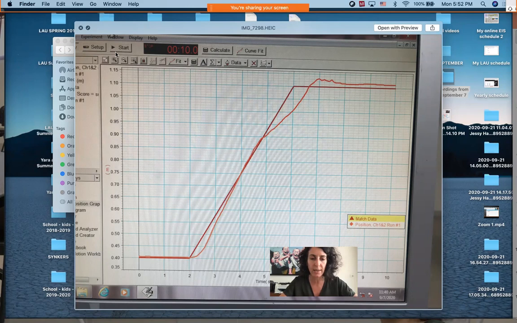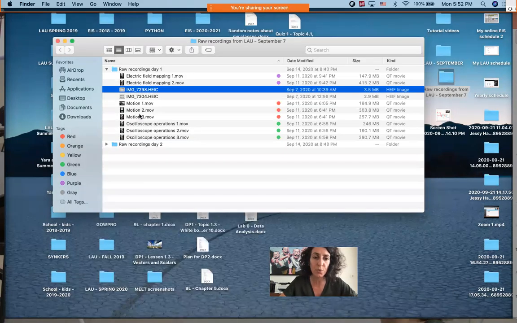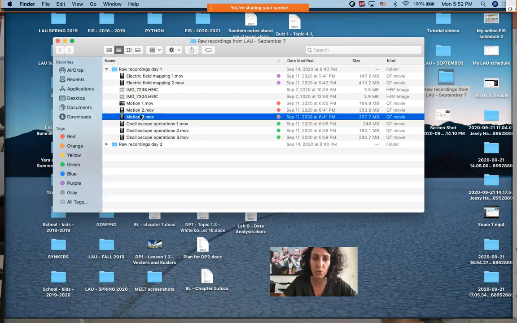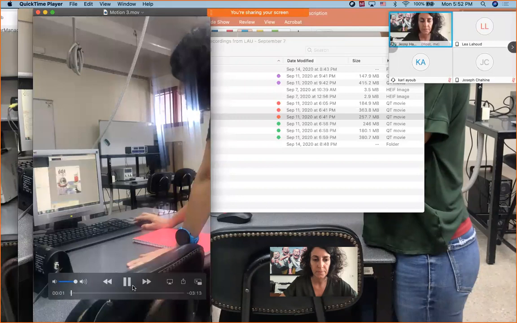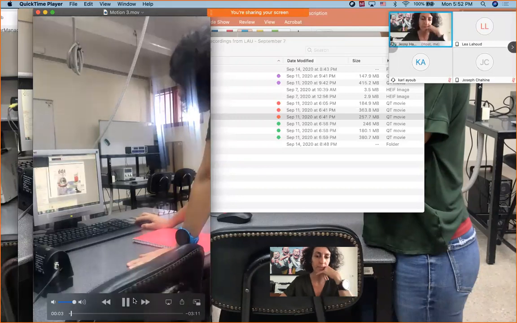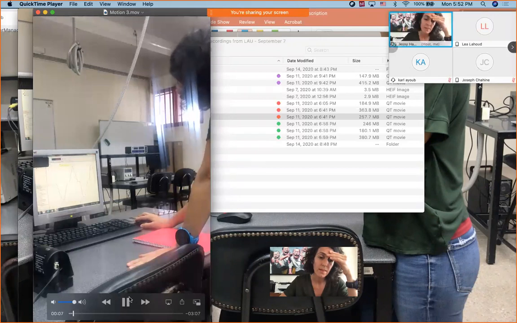Okay, now I want us to move, if I'm not mistaken, to the third motion video where I have to mimic a velocity time graph. Velocity versus time. Now you will be surprised with a graph that is actually really complex. So this is a very complex graph.